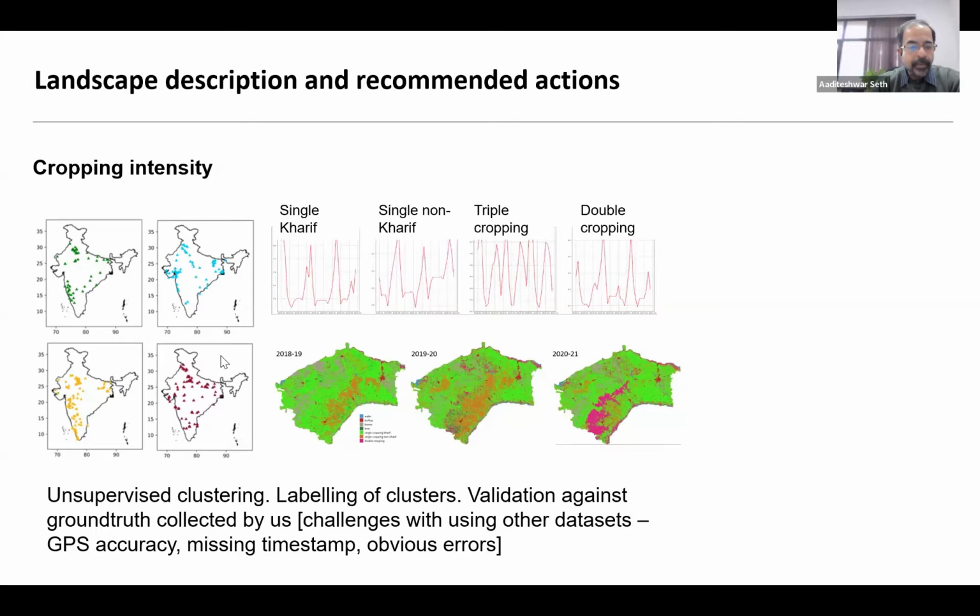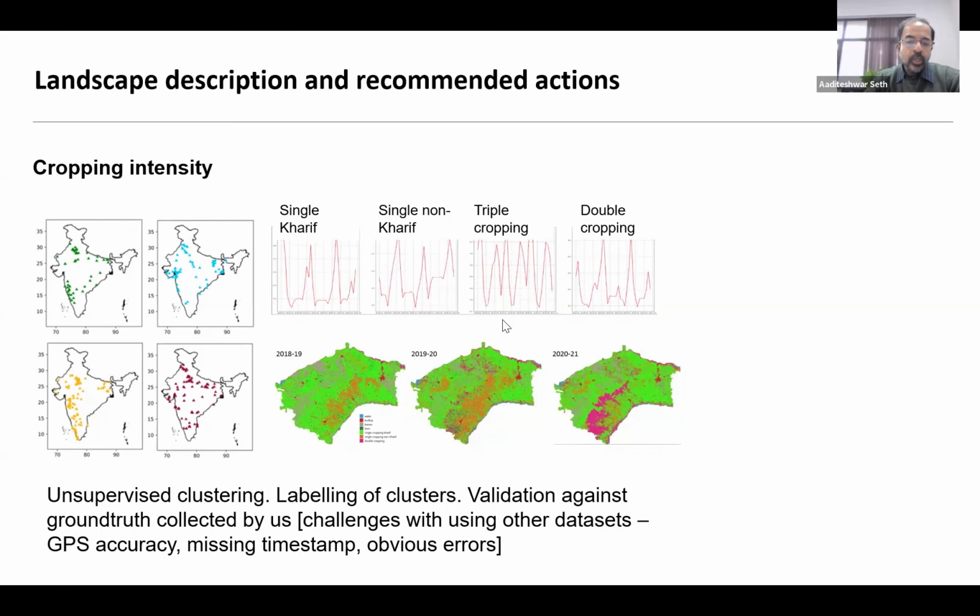NDVI reflects greenness. So if you plot the NDVI time series over 2 years, this is one year, this is another year, you would see that we get one peak, or you might get two peaks, or three peaks.